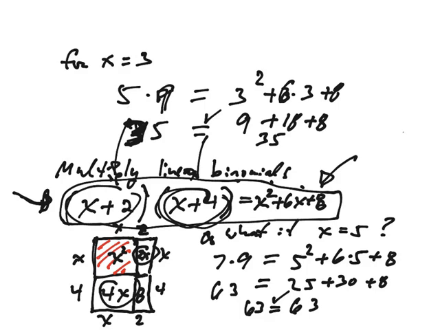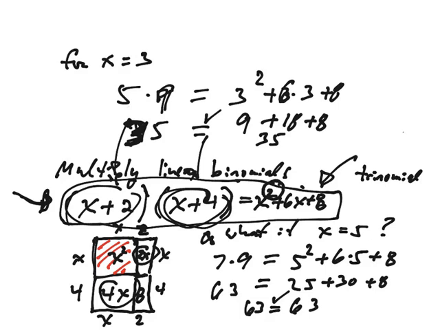Now, the expression on the right-hand side, this x squared plus 6x plus 8, that's not a linear binomial. It has 3 terms, and it has this exponent of 2 here. This instead, because it's 3 terms, it's called a trinomial.